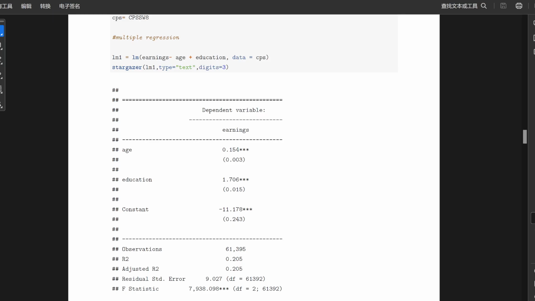So here we can see the coefficient on the age variable is positive. Both coefficients are positive. You see 3 stars, very statistically significant. So age and education have a positive significant association with earnings.